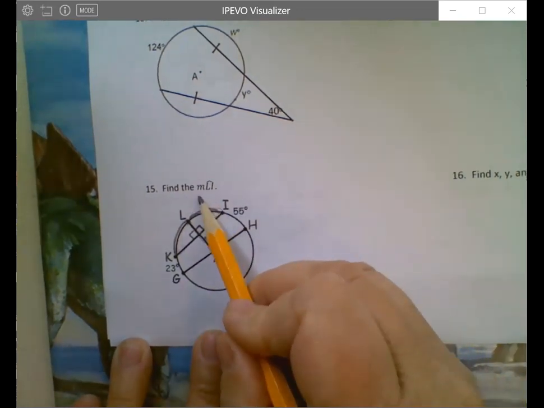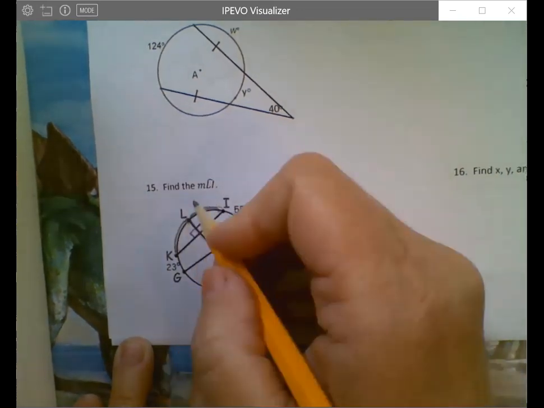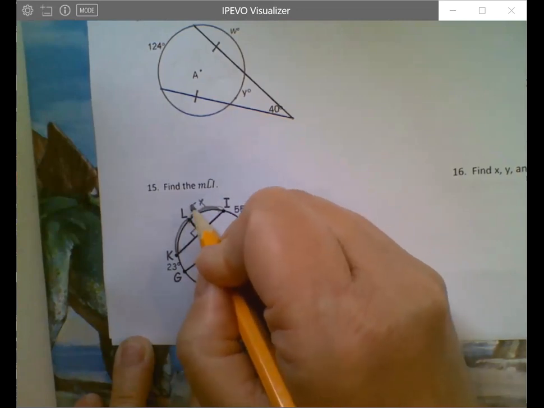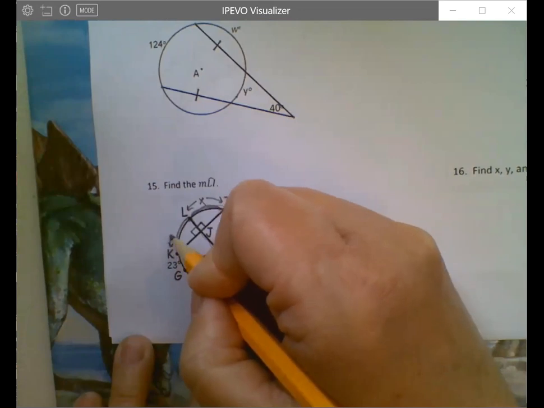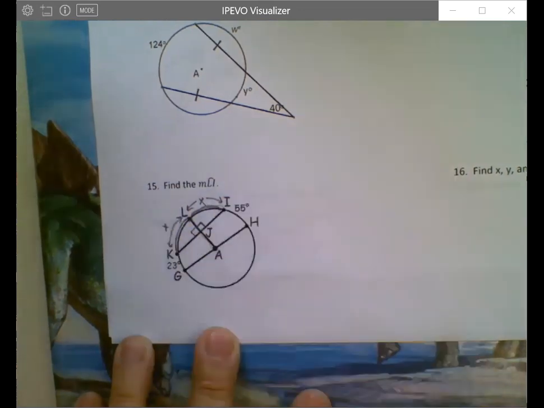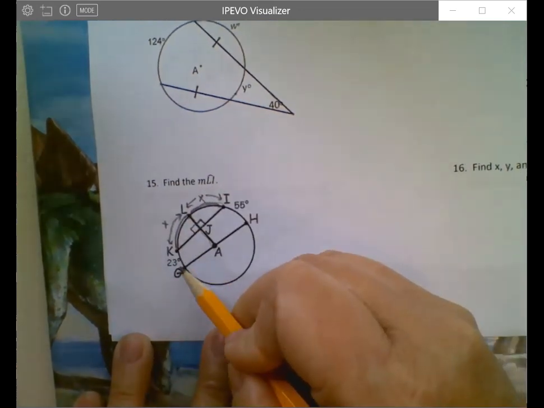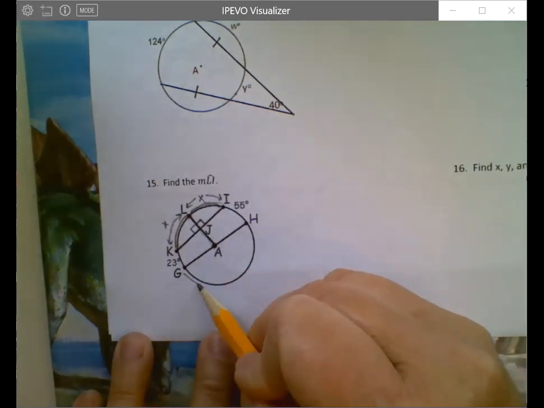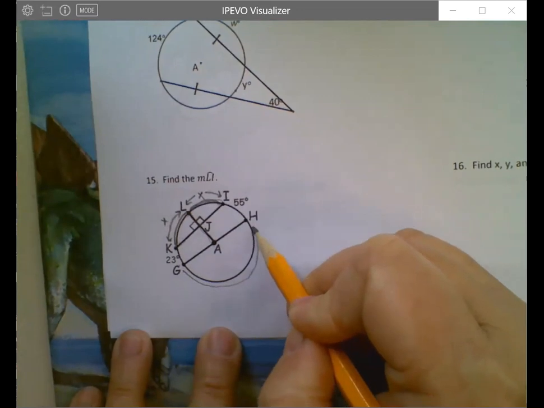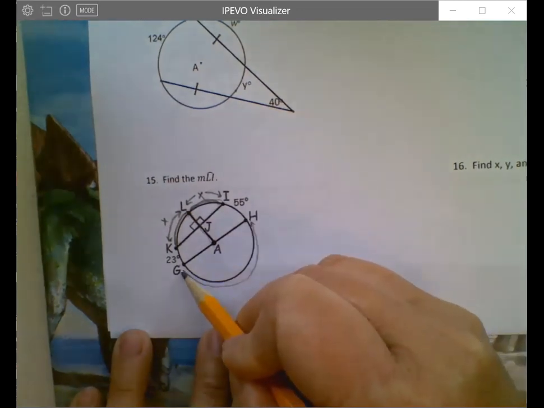And actually that's what we're looking for, is measure of arc LI. So I'm going to call that X. This arc here is X, which means this one is also X. Okay, I know this is 23. I know this is 55. Now let's think about how much is this. Well, here's the thing.